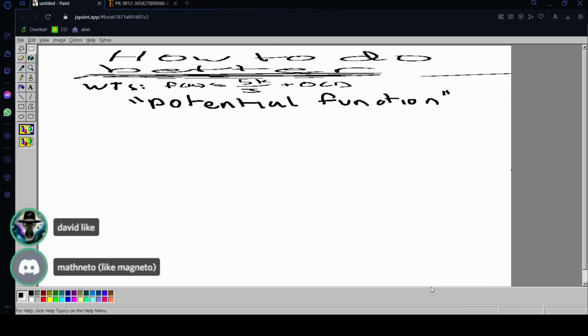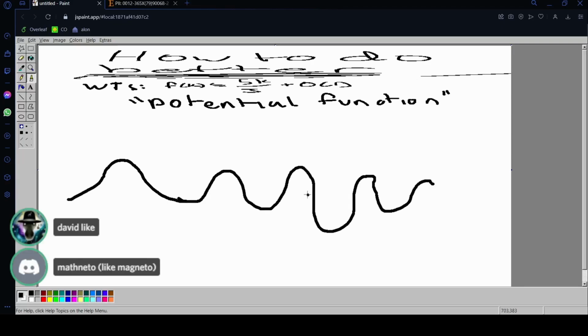So yeah, I guess I have a bullet on this. Another way to think about it is kind of a discrete gradient descent or something. Gradient descent is a thing from machine learning, where say you've got some kind of bumpy function and you want to find a low point in the function.